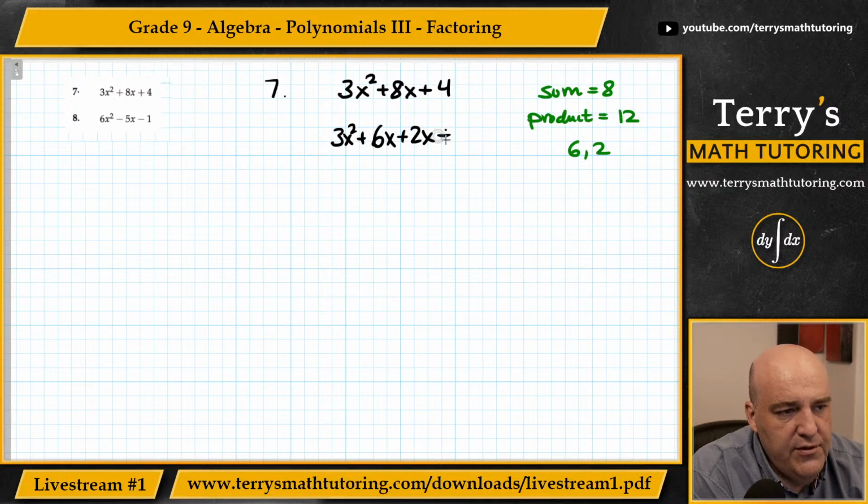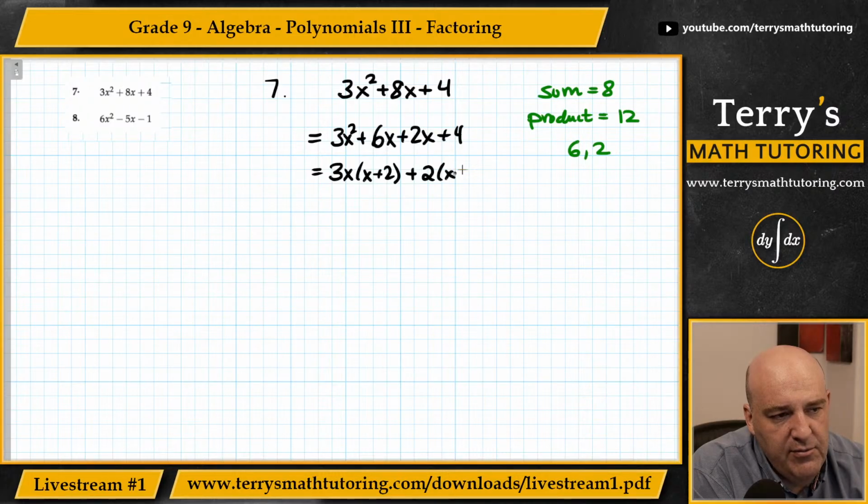And the plus 4 is sitting there. And then we're going to use grouping now. So we're going to look at this pair, factor out the 3x. We get x plus 2 there. And then take the 2 out, and we get x plus 2. And then these are common. Pull that to the front. That's how grouping goes. And we get our answer.